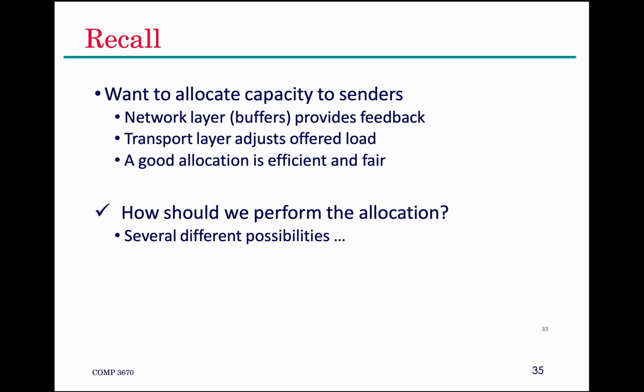This is the one that's going to provide feedback, basically telling us that there's a lot of packets being sent right now, and it's hard for me to handle all these packets.